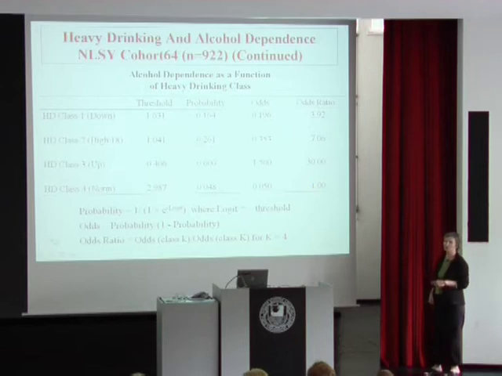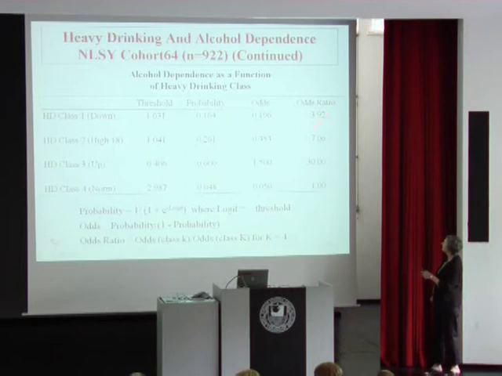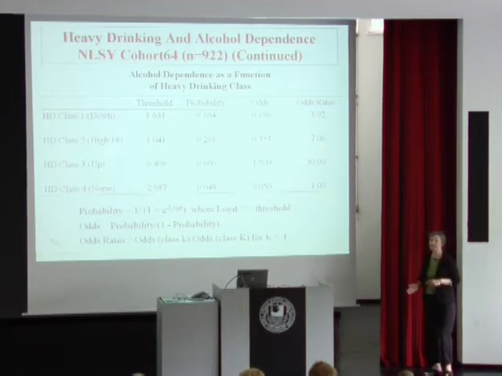So we're always comparing to the reference class, whereas those who went down have the smallest odds ratio. And those that started high and kind of just stayed up there, their odds ratio is in between the two. So that would, to me, indicate predictive validity of the classes.